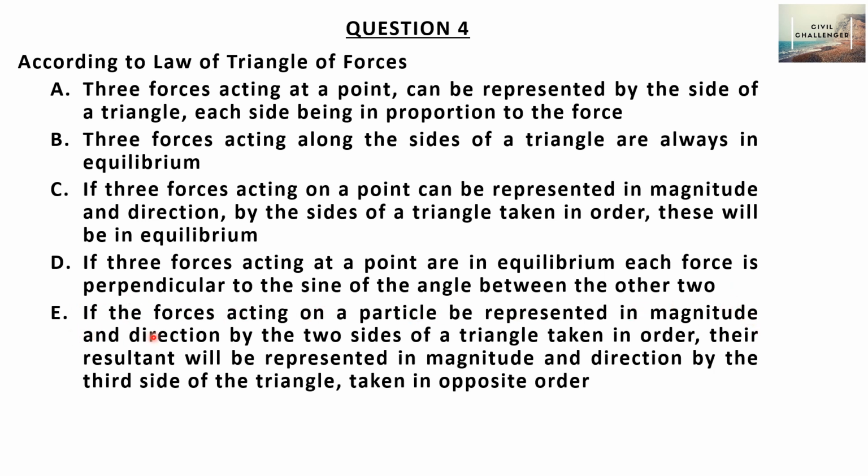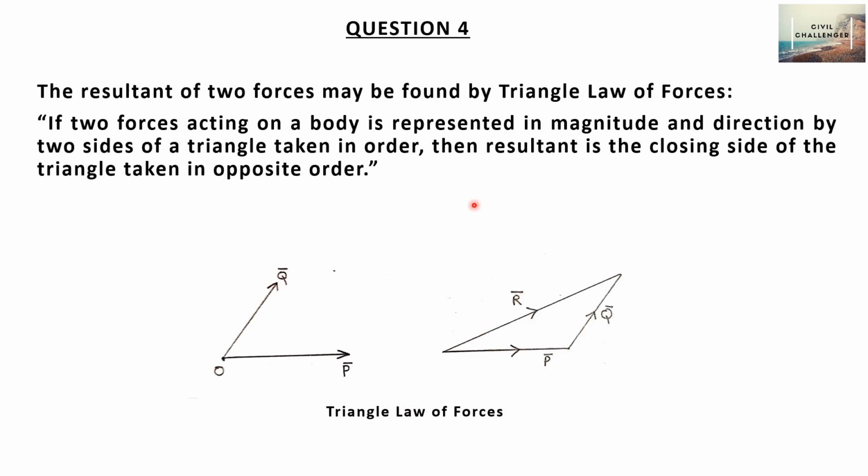Option E, if the forces acting on a particle be represented in magnitude and direction by the two sides of a triangle taken in order, their resultant will be represented in magnitude and direction by the third side of the triangle taken in opposite order. Triangle law of forces is a way to find the resultant of two forces acting at a point.